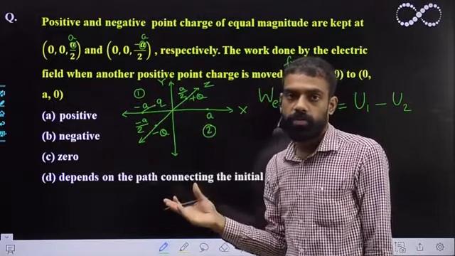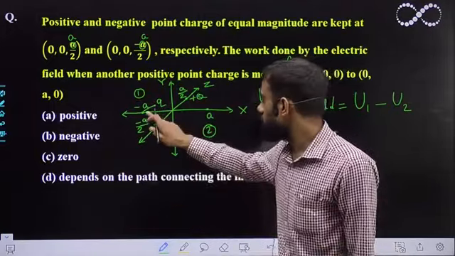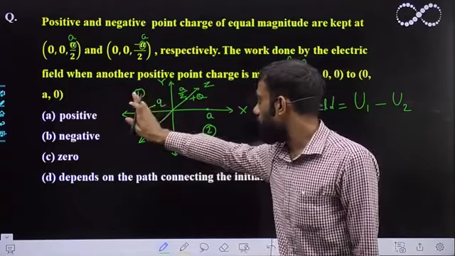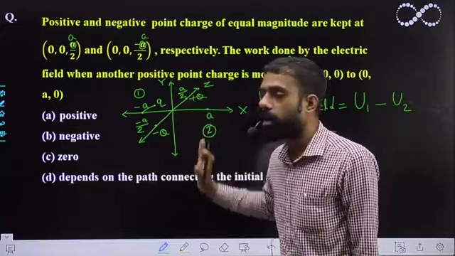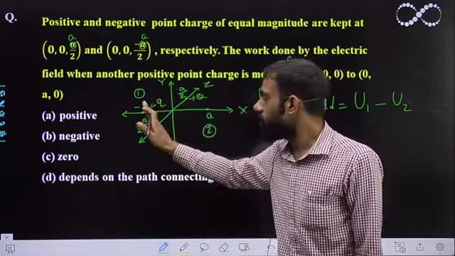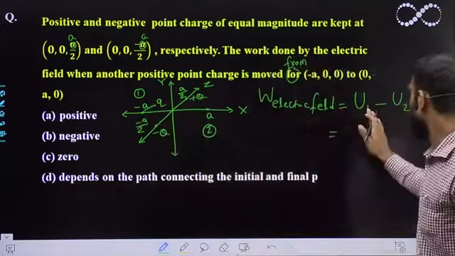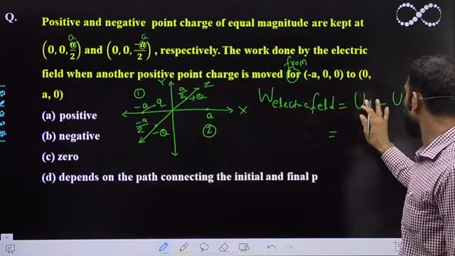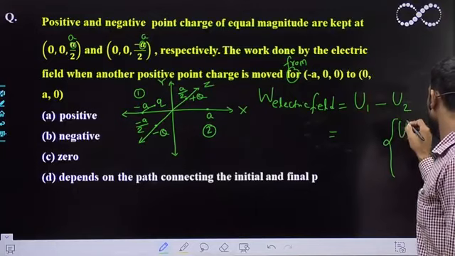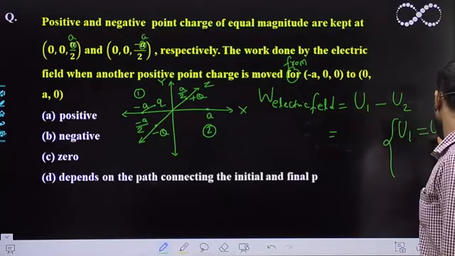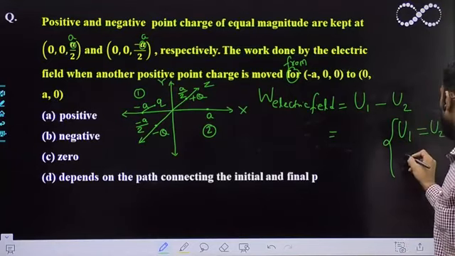So due to symmetry, the distance of the small q at both positions will be the same with respect to plus Q and minus Q, so the potential energy will also be the same at 1 and 2. I can say U1 is equal to U2 due to symmetry.